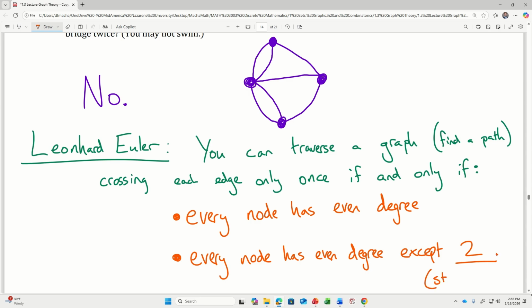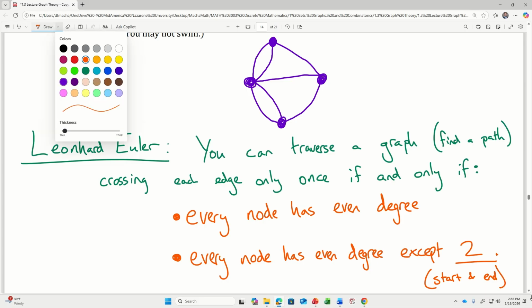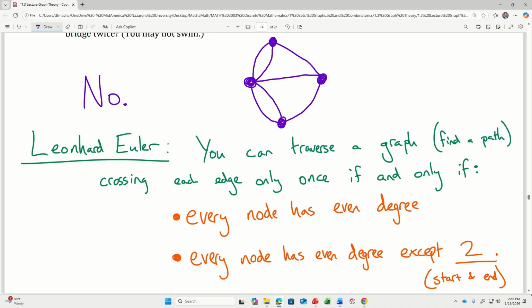And this would be your start and end points. In the case where every node has an even degree, the path you're looking for is a cycle, where it starts and ends at the same node. And if every node has an even degree except 2 of the nodes, then that's just a path that's not a cycle, and the start points and end points are the 2 nodes that have odd degree, where the degree is the number of connected edges.